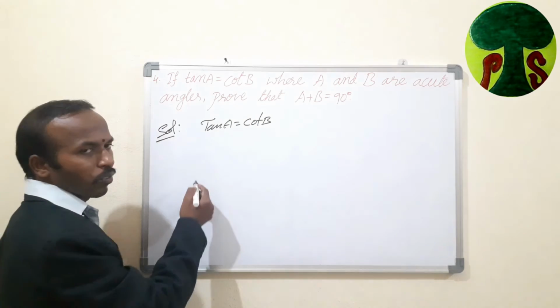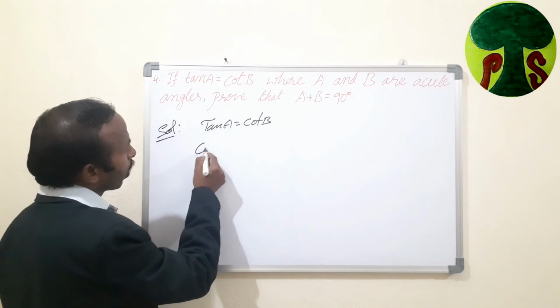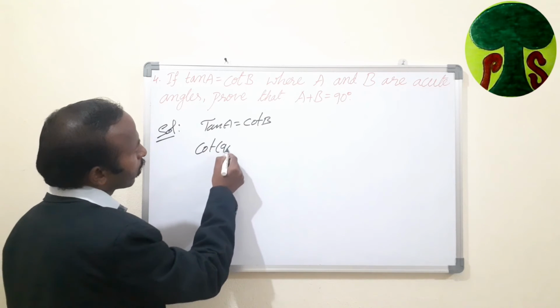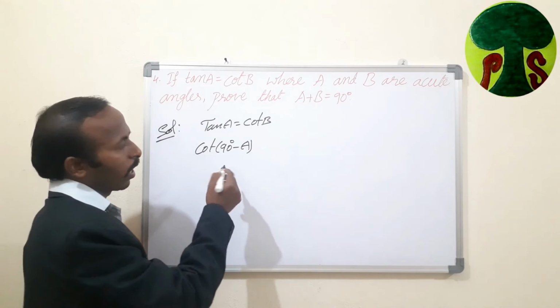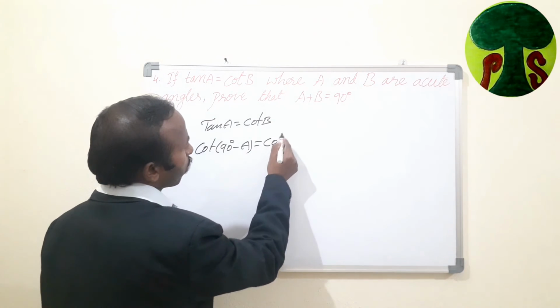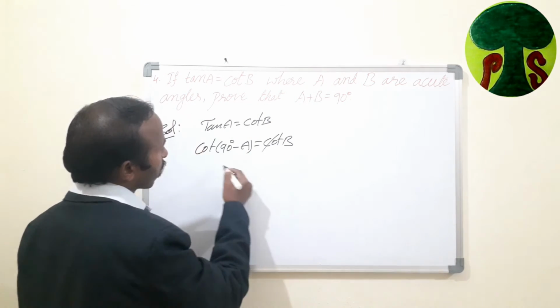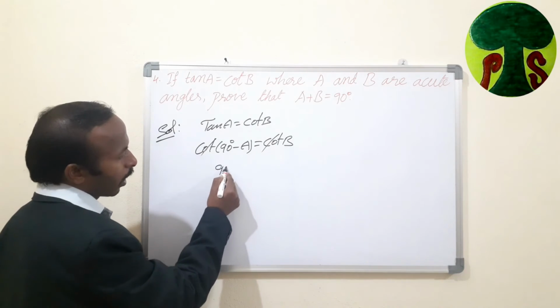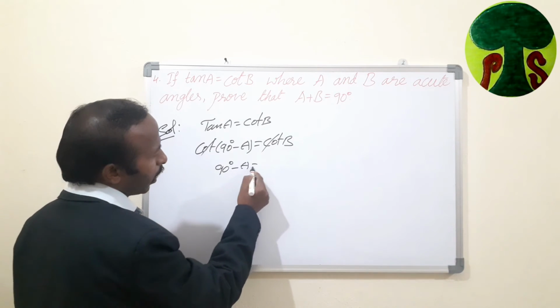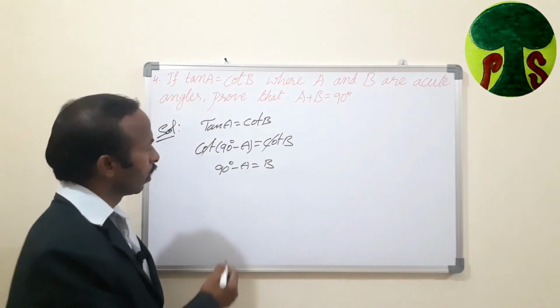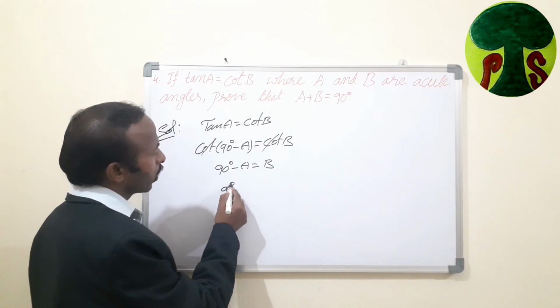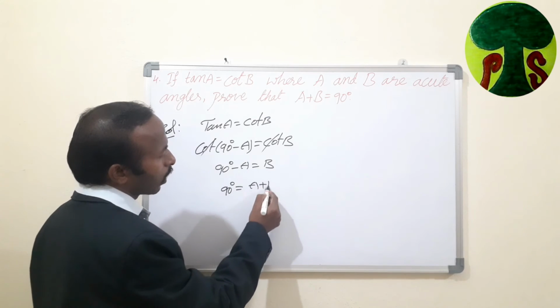Now tan a we can express as cot of 90 minus a. Cot of 90 degrees minus a equal to cot b. Both sides cot get cancelled, so that 90 degrees minus a equal to b. Minus a you transfer to the right hand side, therefore 90 degrees equal to a plus b.